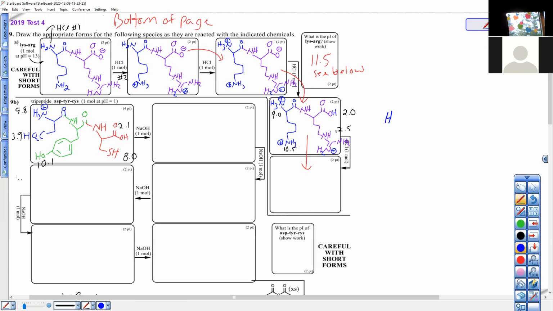This stays H3N+. Comes up to a carbonyl. Goes down to a CO2H. No, that's not how you draw CO2H. Actually, I don't think it was terrible. There. NH.